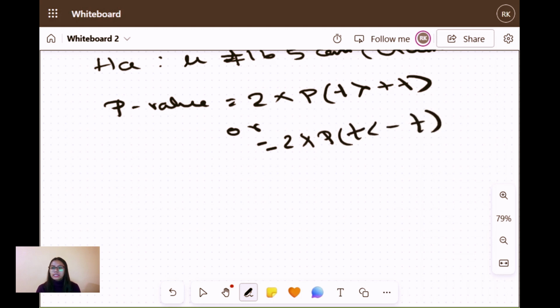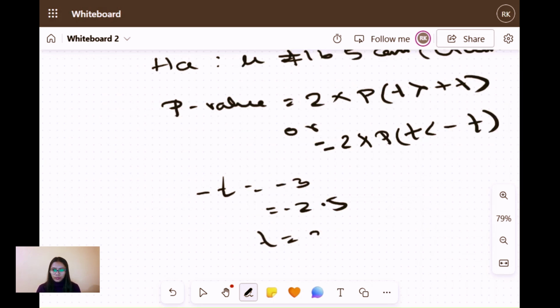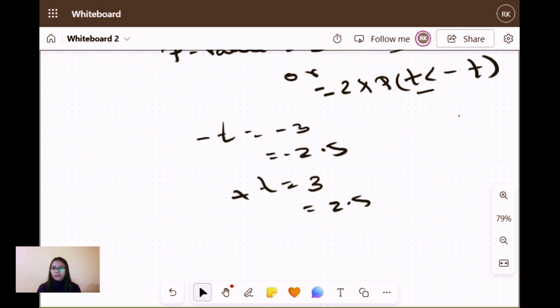Okay, this t is not basically the variable, it is the numerical value. Okay, t can be minus 3, minus 2.5, etc., which is negative t, and positive t can be 3 or 2.5. So these are the numerical values, and these are the variables.